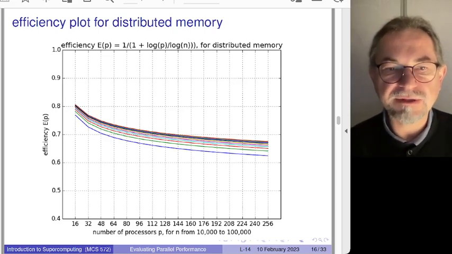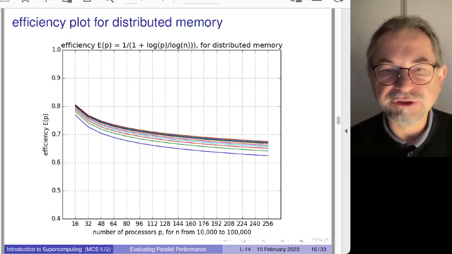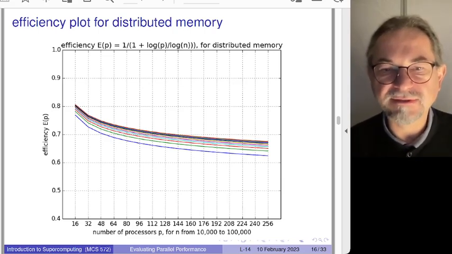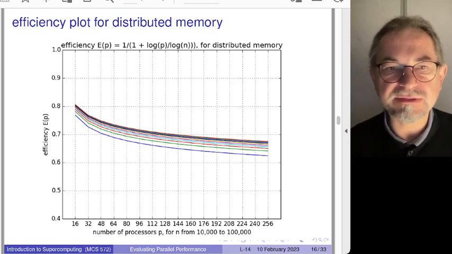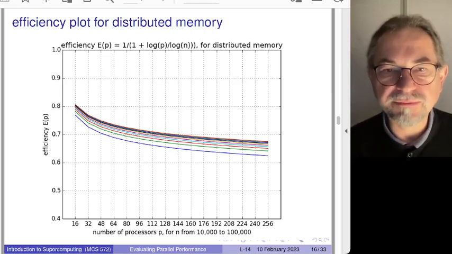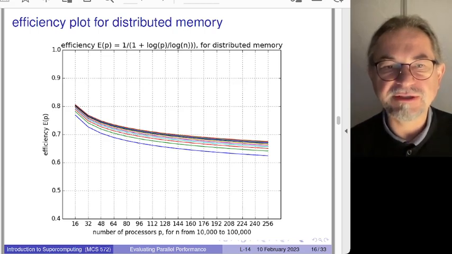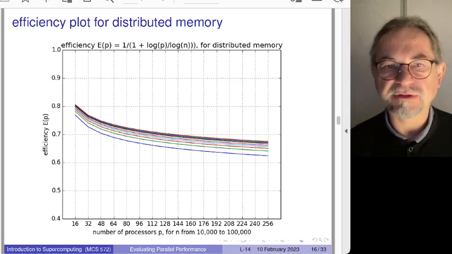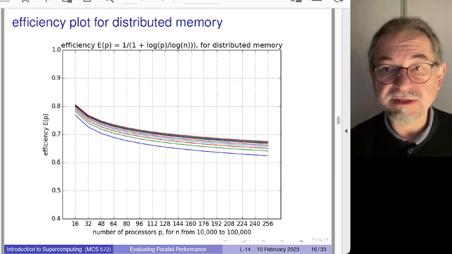So here is the plot. In this case, we look at the number of processors, and we look at the isoefficiency lines, letting n go from 10,000 to 100,000. You can see that if you want to maintain an efficiency of, say, 70%, then your problem size needs to increase steadily. You have this band of efficiency, although it's actually not that bad.